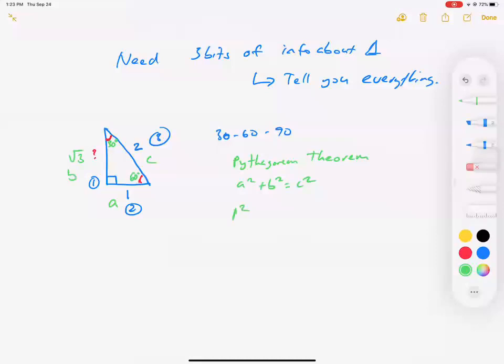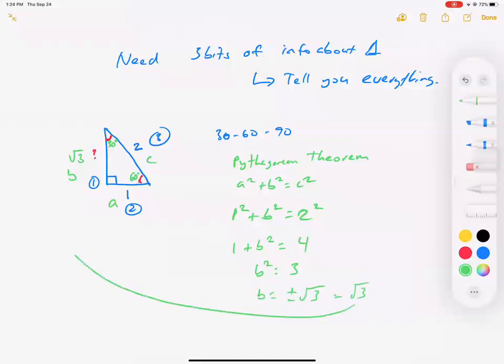A squared plus B squared equals C squared. We can solve for B. And B is equal to plus and minus square root of 3. But since this is the side of a triangle, we can't say that's negative. So it's just going to be square root of 3, which is what we said it was going to be.